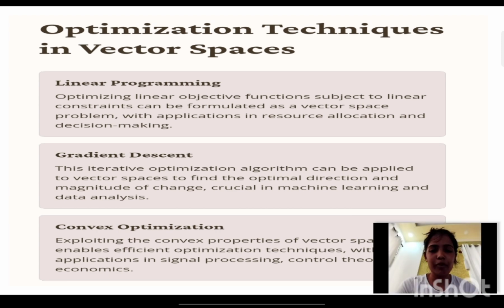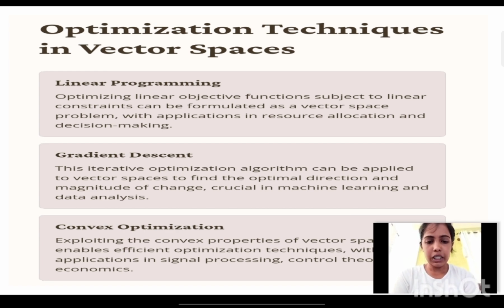Convex optimization explores the convex properties of the vector space, with applications in signal processing, control theory, and economics. So these are the optimizing techniques: linear programming, convex optimization, and gradient descent, which can be learned easily.